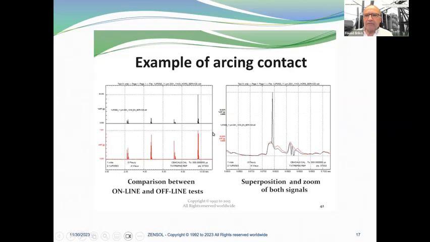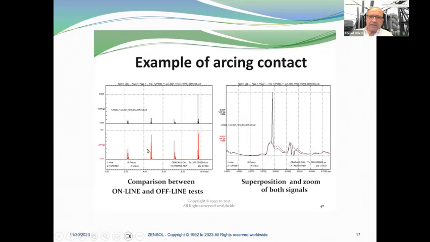Here we have an example of arcing contact. Because the accelerometer has some quality, it can detect the arcing. And here we can see the comparison between online and offline test. Online, it's in red, you got a value of 7G.